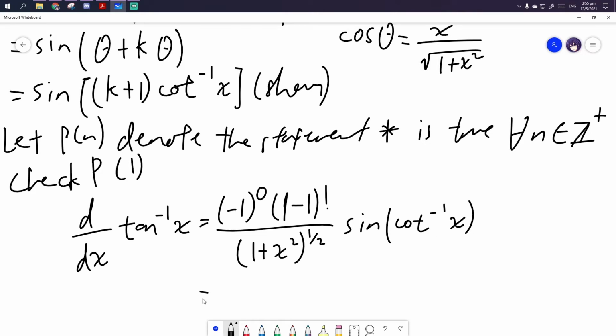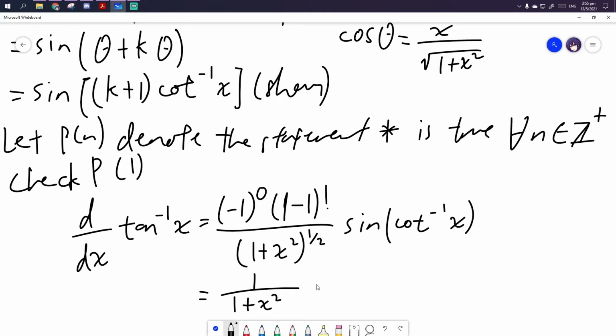And now the top is just 1 over square root of 1 plus x squared, and we have just proven that sine of cotangent inverse of x is 1 over square root of 1 plus x squared, so this is 1 over 1 plus x squared.